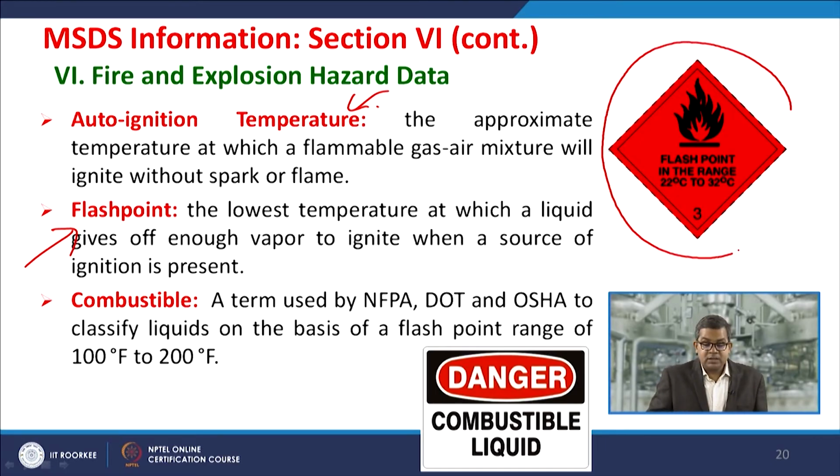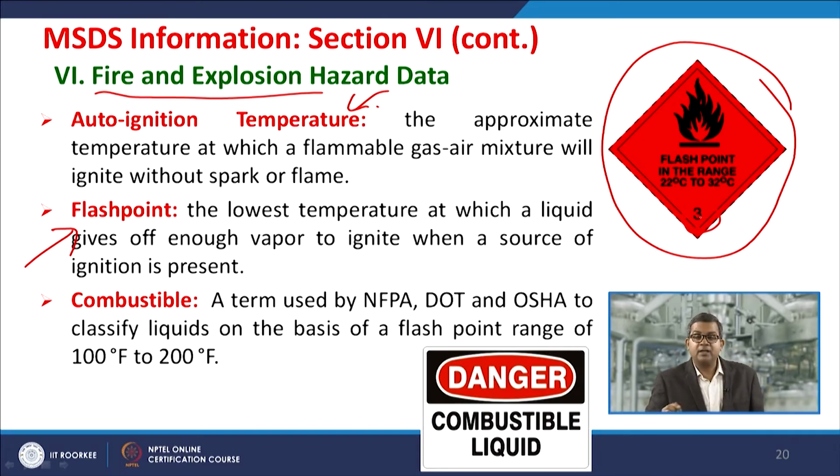So whenever a particular chemical has this kind of hazard, then this type of labeling must be there, that the flash point is in the range of 22 degrees Celsius to 32 degrees Celsius, and it is level 3, meaning extremely inflammable. Or sometimes you may see this type of label pasted on various kinds of tank cars, in which it is mentioned danger, stay away from that tank car, because it is carrying combustible liquid.